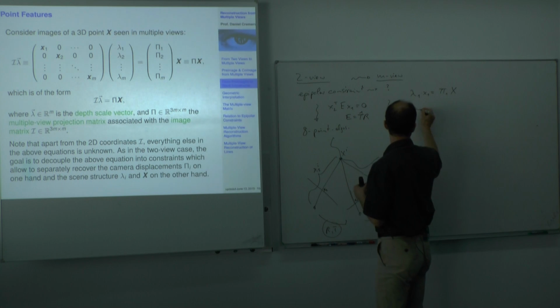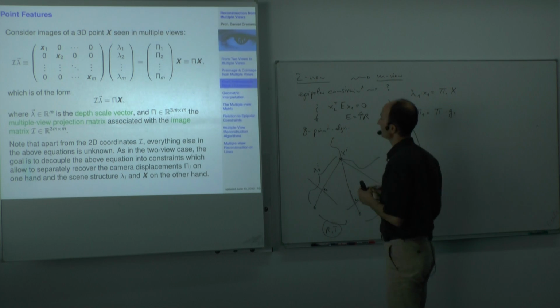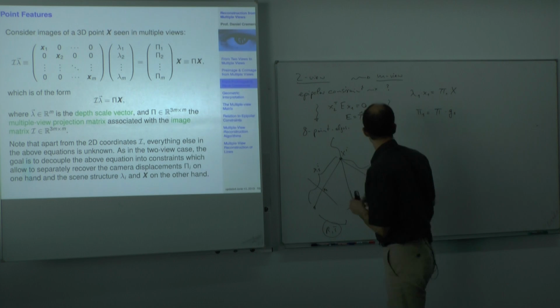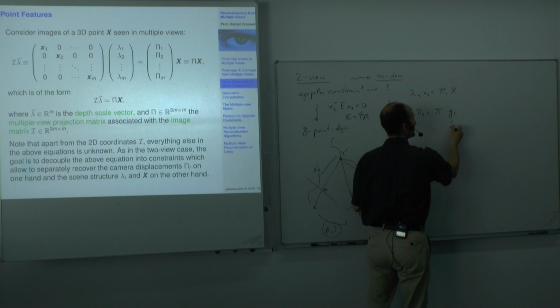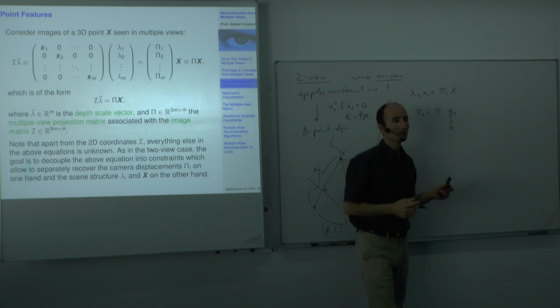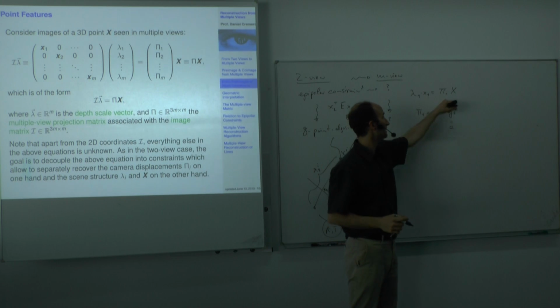So in this case, pi 1 would be the generic projection, pi times g1. If you're working in the coordinates of the first camera, then g1 is just the identity. It's just a unit matrix. And so pi 1 is just the generic projection.